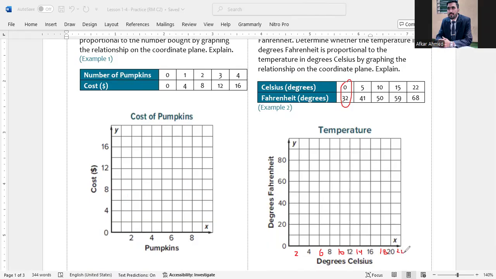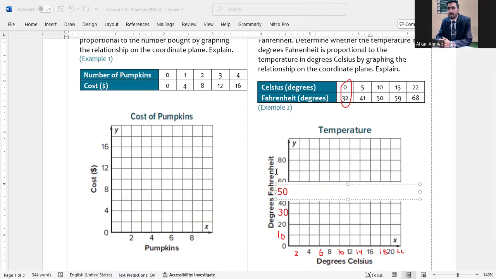And same here, if I divide 0 and 20 in half, it is 10. This number will be between 20 and 40, it will be 30. This one will be between 40 and 60, it will be 50.